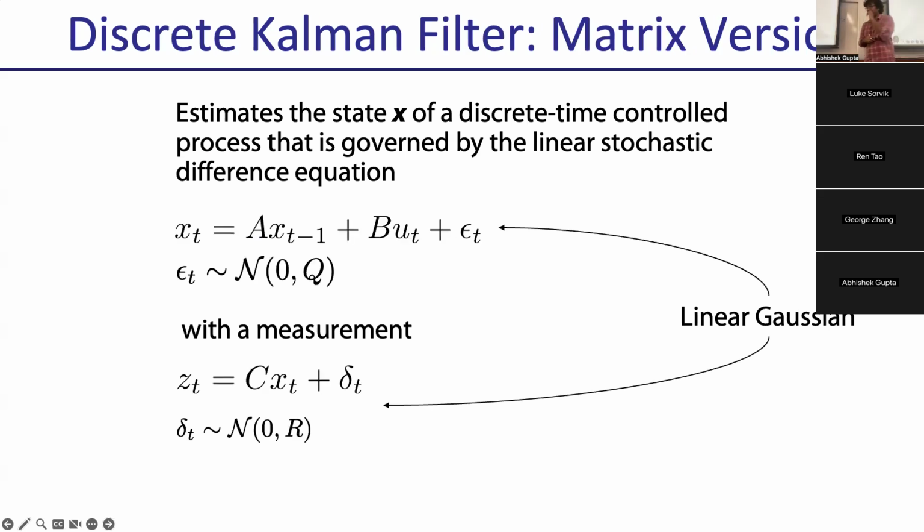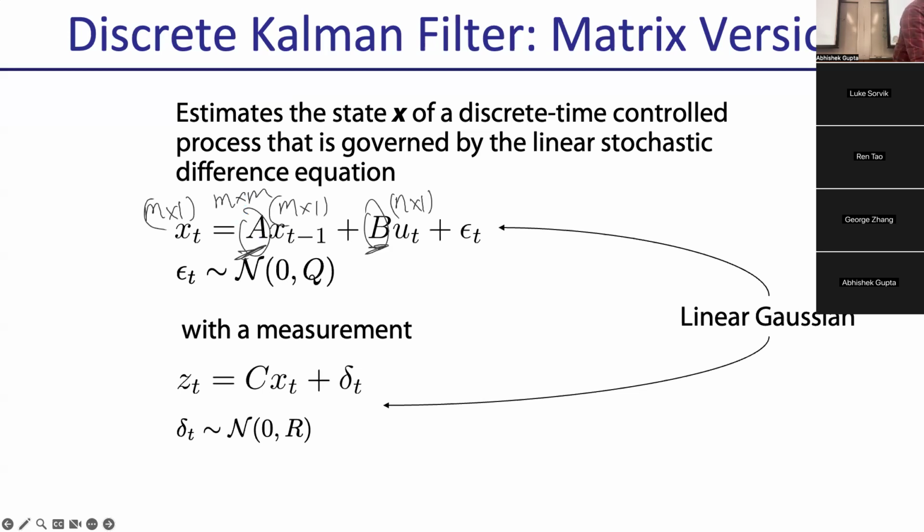You can go from there to the matrix version, which is what's commonly used. It says that x_t is equal to A x_{t-1} plus B u_t, where these are matrices. Let's say the state is m by 1 and your action is n by 1. This matrix A is going to be what size? M by m. And this matrix B is going to be what size?